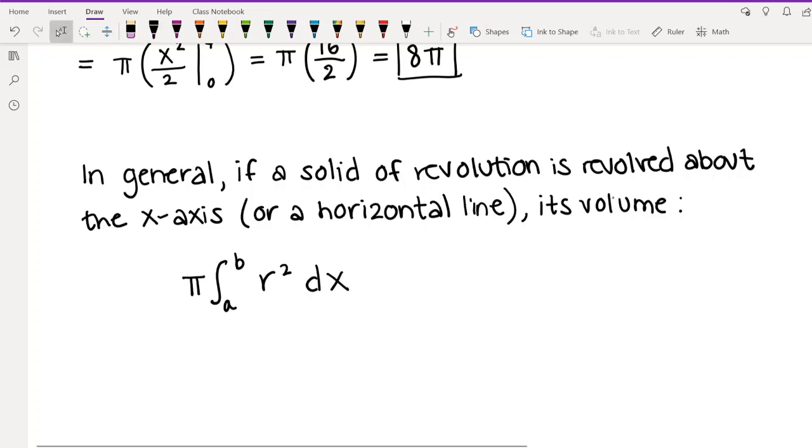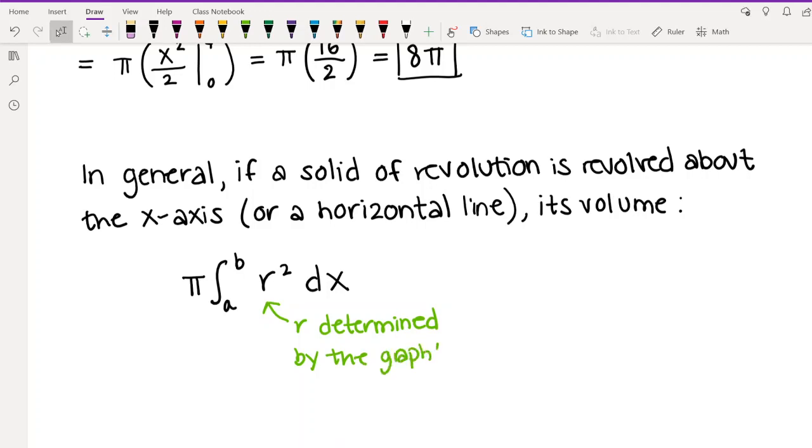So where do these different things come from? Well, as we talked about above, r is basically determined by your function. And so I don't want to just say that r is necessarily just equal to, I'll say it like this: r is determined by the graphs in each situation.